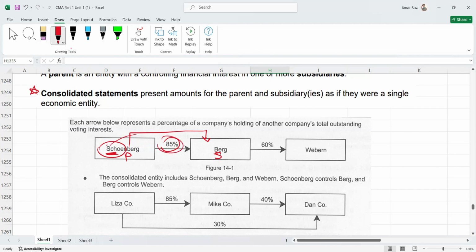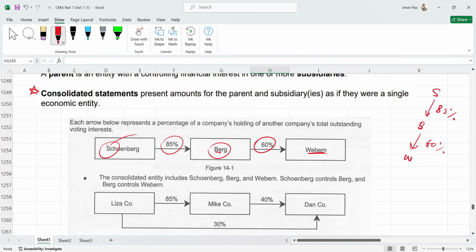Now look at the next transaction. S company, the parent company, has 85% of direct voting rights in B company, but B has 60% of voting rights in W company. So S has an 85% interest in B, and B has a 60% interest in W. We know S is the parent and B is the subsidiary of the parent. But what about W? Is W a subsidiary of the parent company?